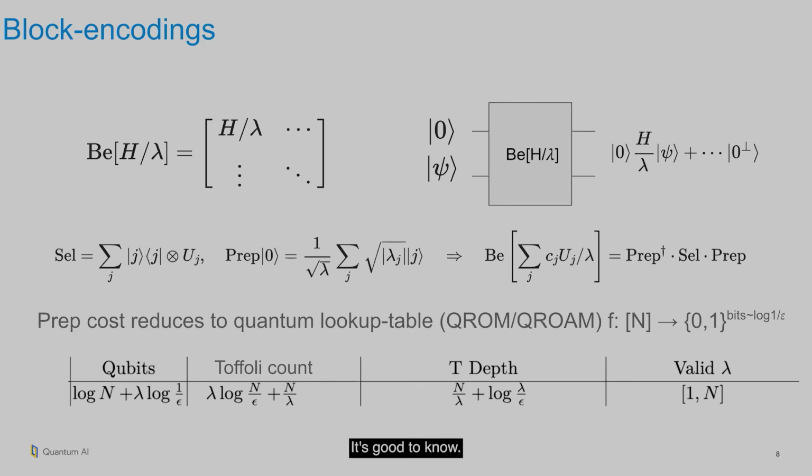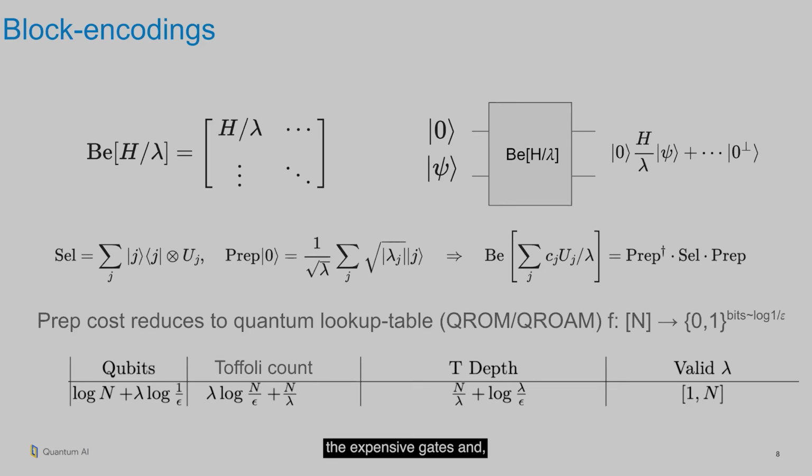It's good to know. The dominant cost of these is usually in the prepare component. In electronic structure, for instance, you have to prepare a state over, let's say just hand waving, n cubed terms. So this will have a gate cost of n cubed. There are many ways to create the quantum circuit that prepares this state. It will always take n cubed gates, but there are ways to do a trade-off between Toffoli count and qubit count.